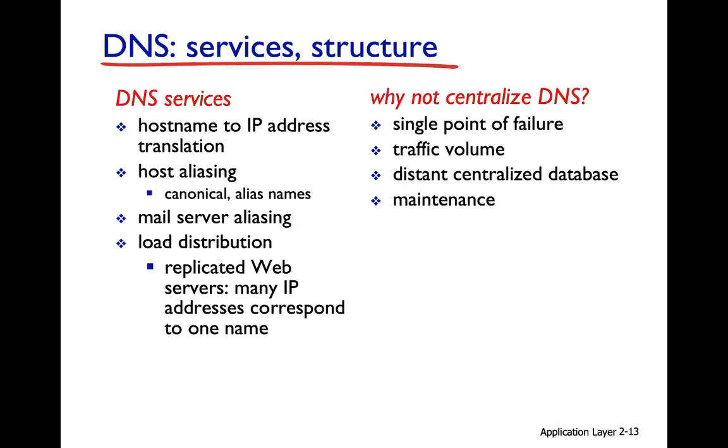If we centralize and this one falls down, you totally cannot access the network unless you know the IP address. The second problem is that if you centralize the DNS, you have very large traffic. Think about millions of computers trying to find the destination, all going to one place to look up the IP address.